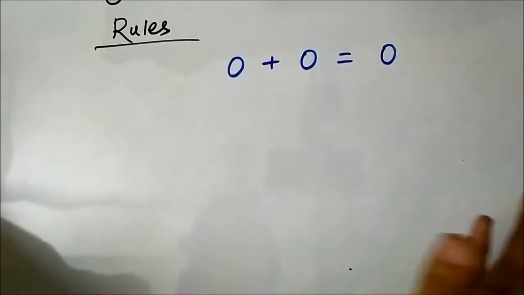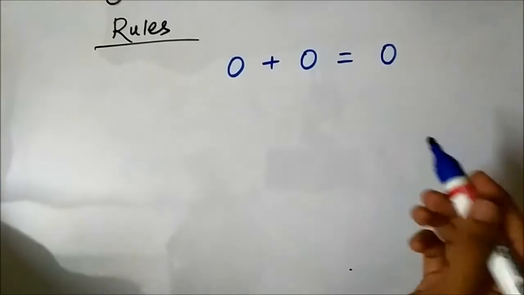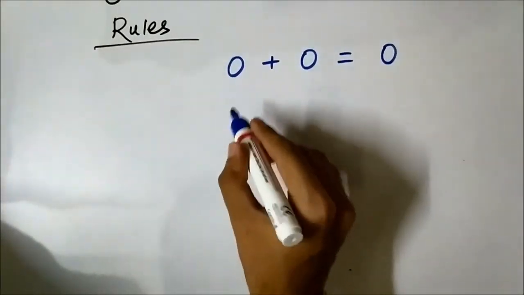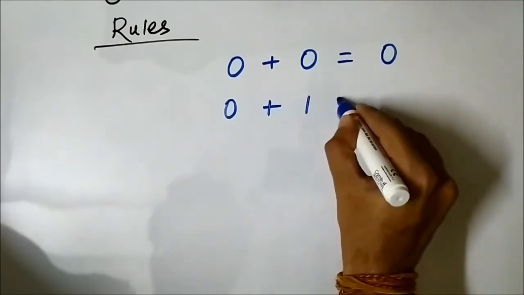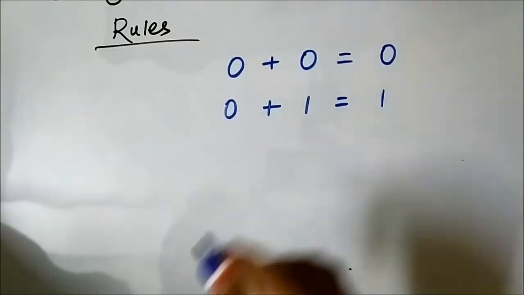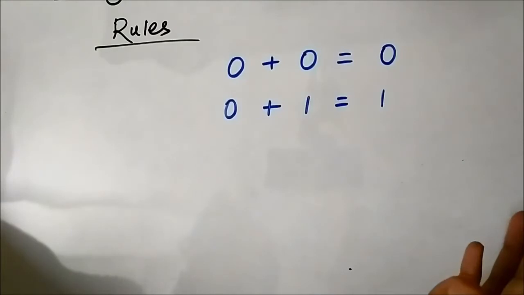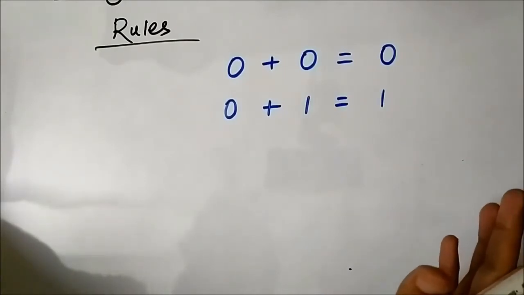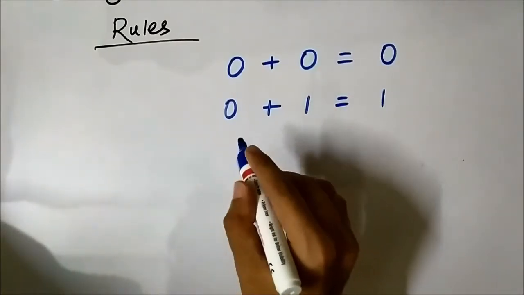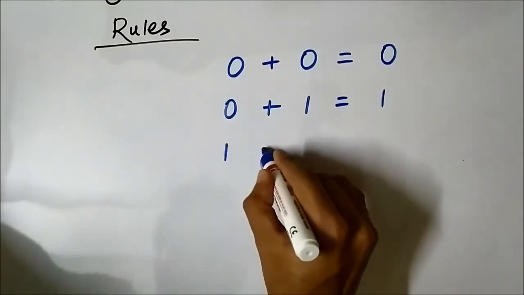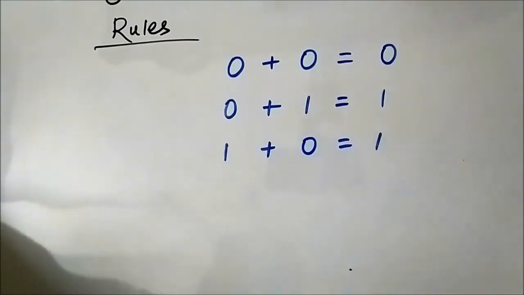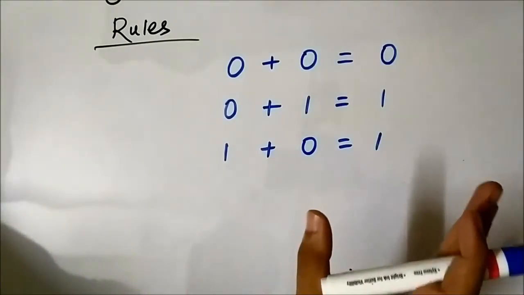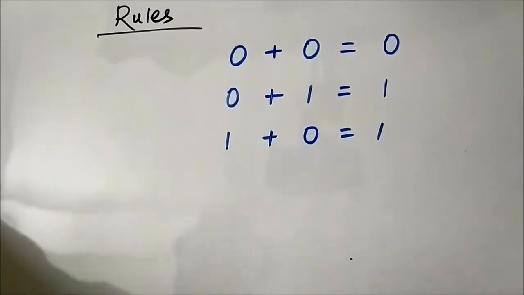Normal addition, 0 plus 0 is 0, no change. 0 plus 1 is equal to 1. This is also similar to normal addition. 1 plus 0 is equal to 1. This is also similar to the normal addition process.